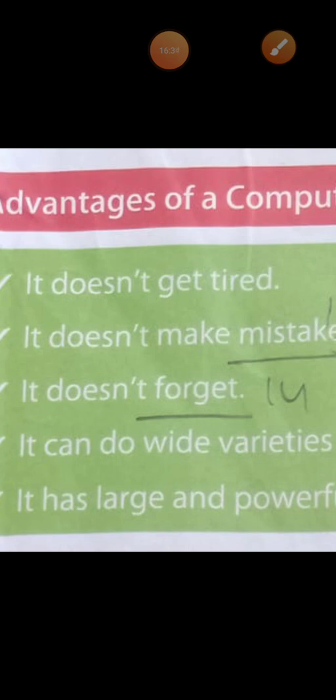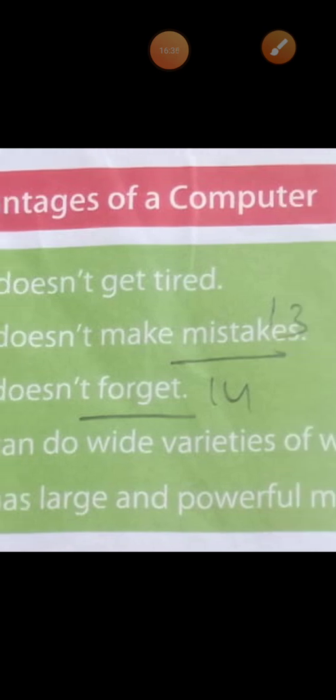And then second point, it doesn't make mistakes. It doesn't make mistakes means what? For example, a human being will definitely make a mistake, but a computer doesn't make mistakes. For example, even in addition we may make some mistake in any situation, but a computer won't make any mistakes.